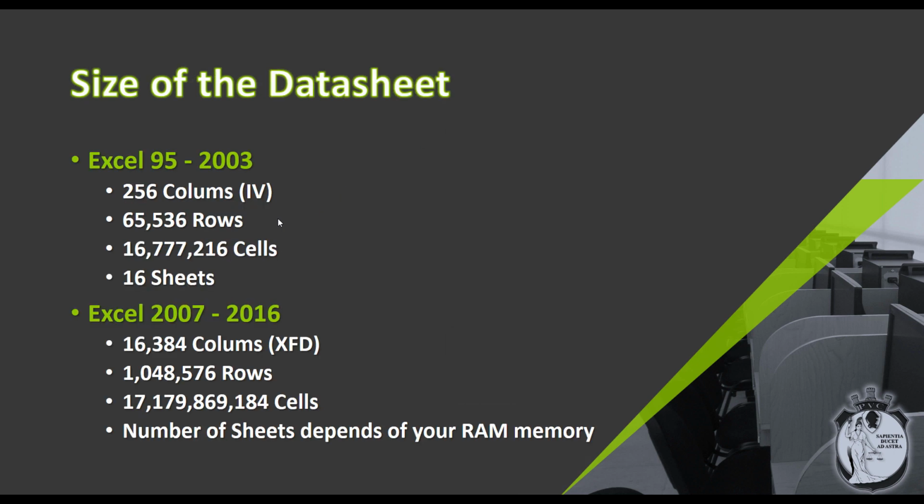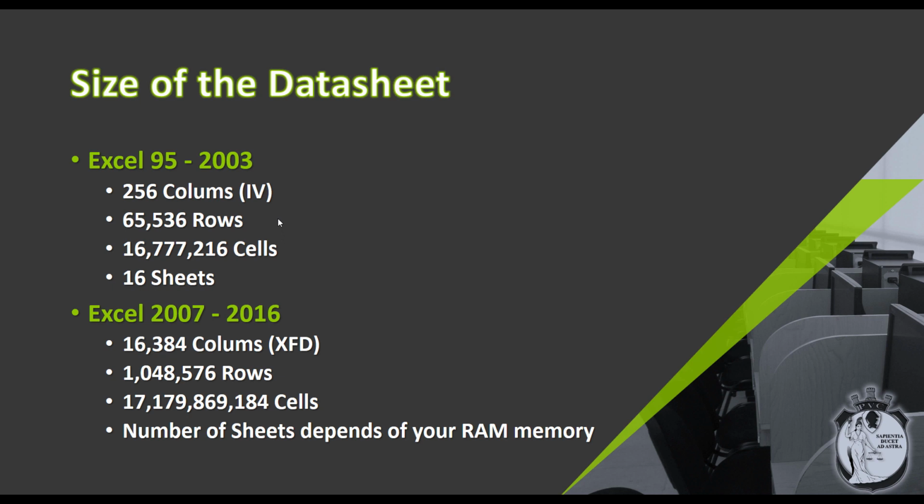Okay, the size of the data sheet. The data sheet is very big. The old Excel had 255 columns that are named by the letters of the alphabet, and the rows are counted starting at the number 1 until 65,536 rows.